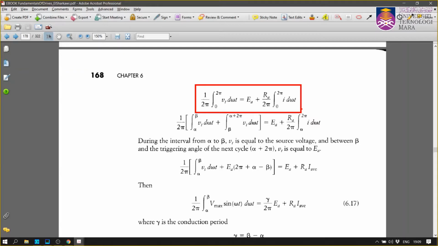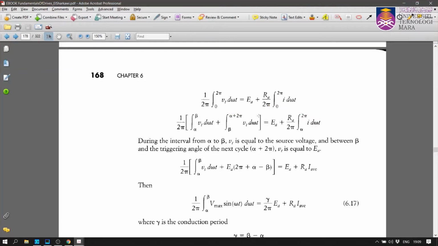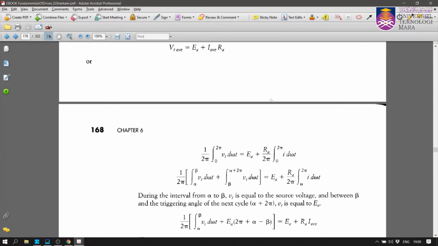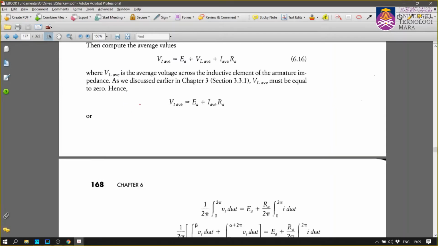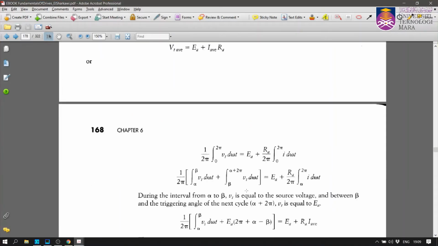Okay. So you have EA, RA equal to 2 over pi, I squared pi. EA plus, this is the equation just now, and then this is the average current.